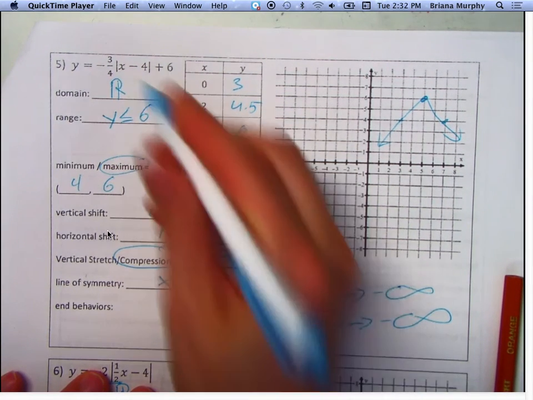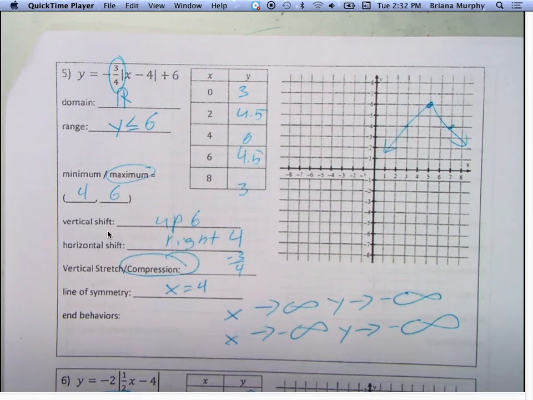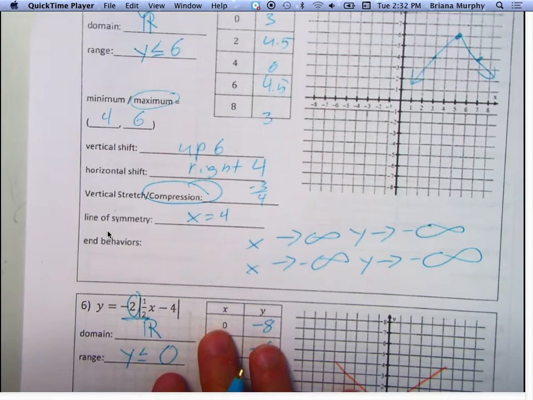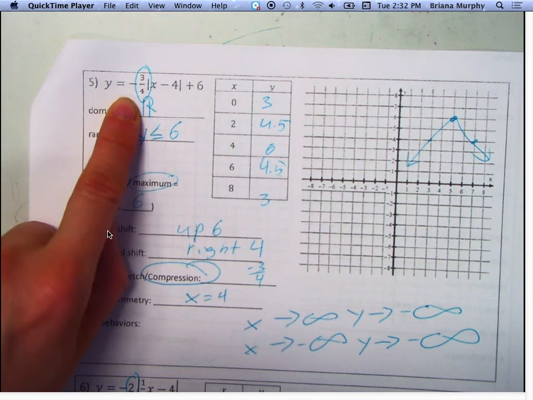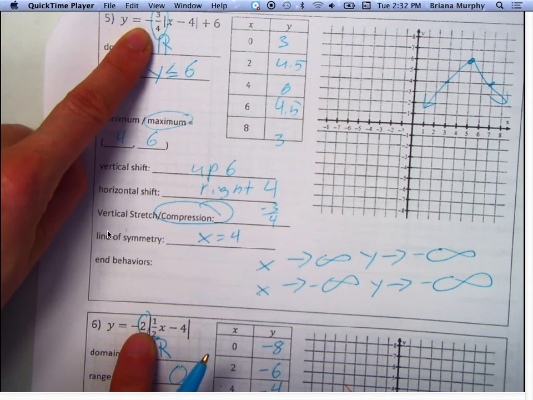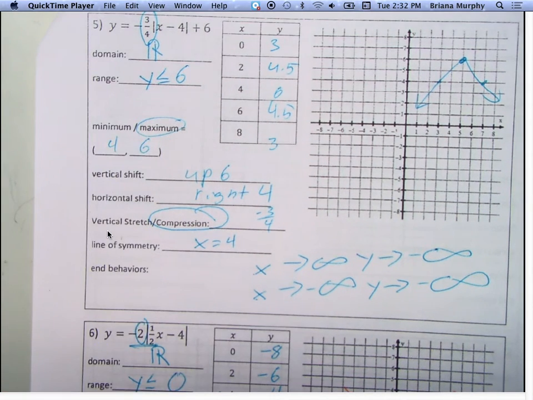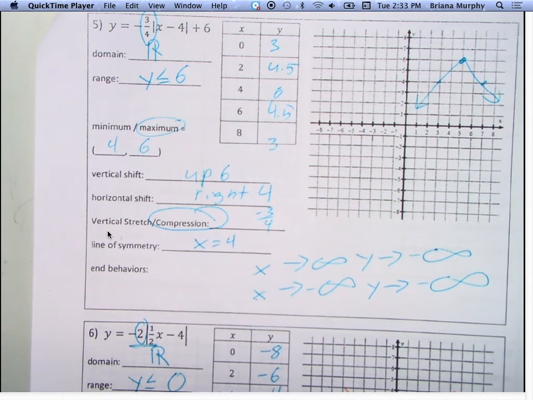So what is different between here and here? If I say a number in front stretches it, why did this number compress it? These are both negatives. Because of the fraction. So fractions compress, whole numbers stretch. And remember, compress, I know it looks weird because you think, oh, it's wider.